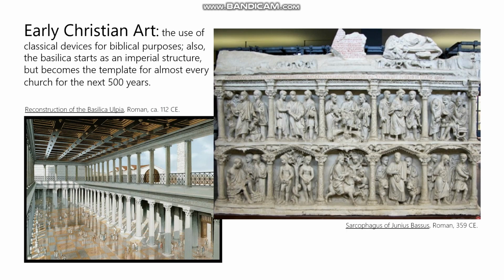So we can see those two things working here in this sarcophagus, right? Into this early Christian art there's a lot of adoption of Greek motifs, of classical ideas of sculpture and figure, of contrapposto poses and everything.